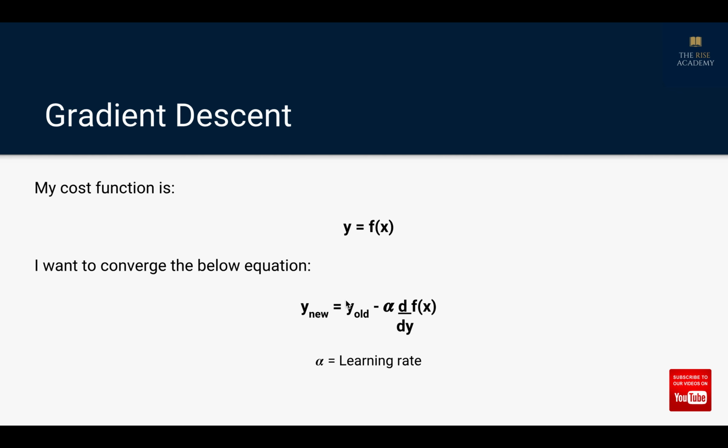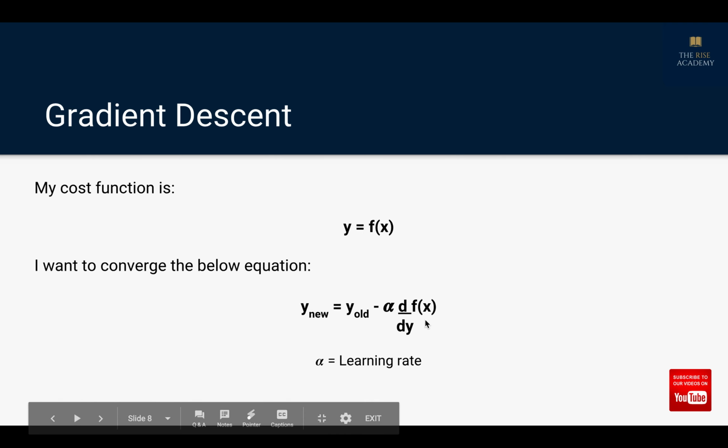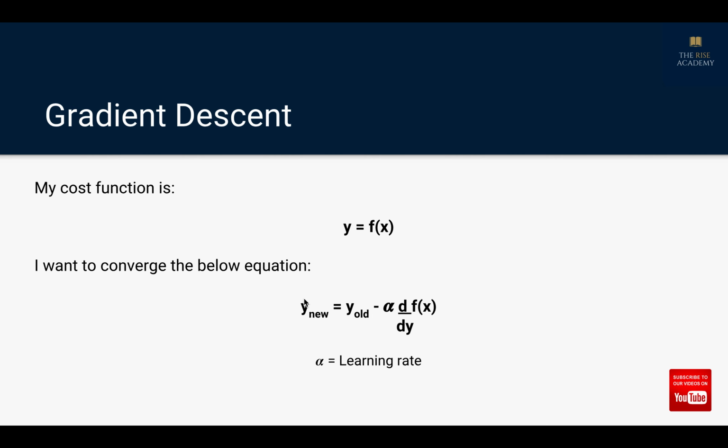In my next iteration, I will subtract something from it and get my new value of y, and I will keep on doing this. In the next iteration, this y new will become y old, and I will again subtract this particular amount from my y old to find the next y new, right?